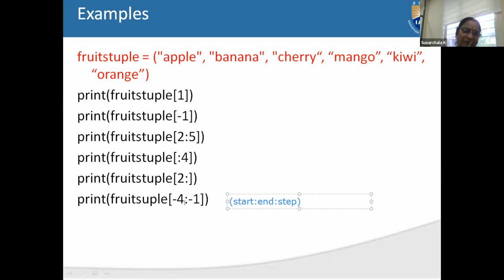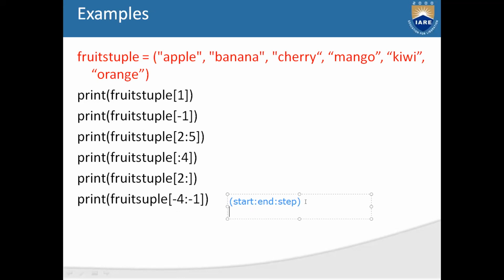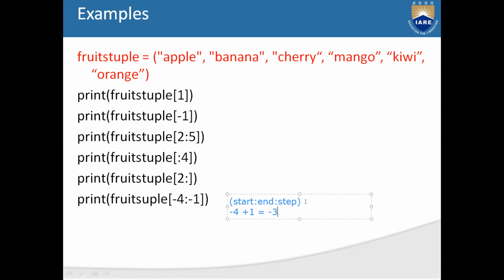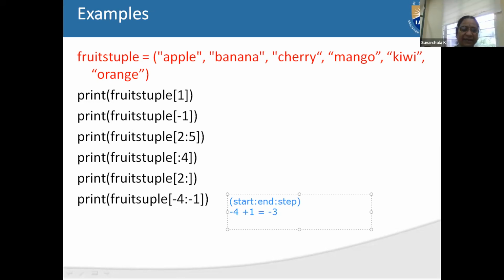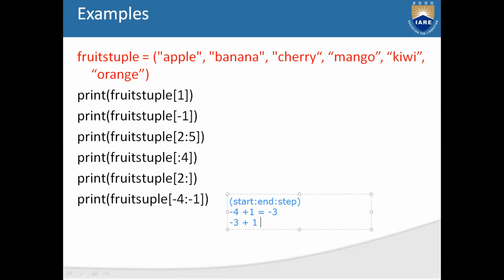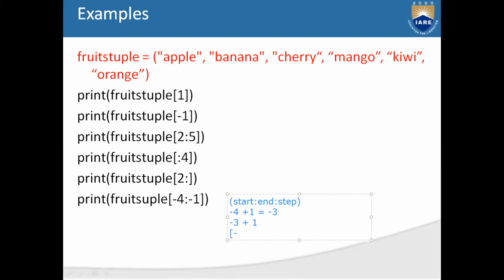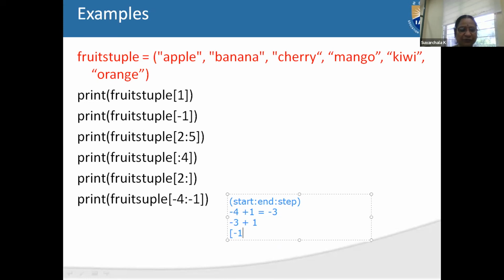What will be the default step value, ma? 1. So suppose -4, if you add +1, what does it become? -3. Next, -3 plus 1 again. Okay ma'am, got it. No, it can be -1 to -4 also, no problem. The question is not wrong. For example, I may give -1 to -4.